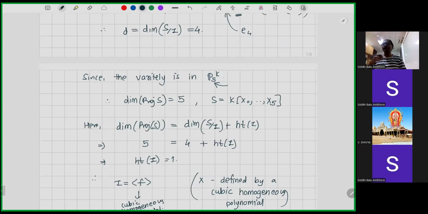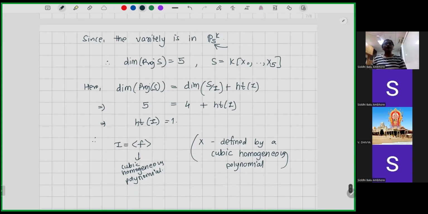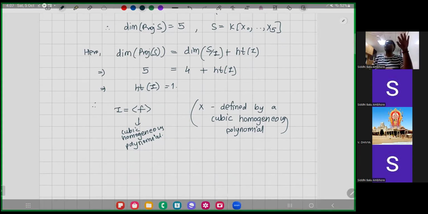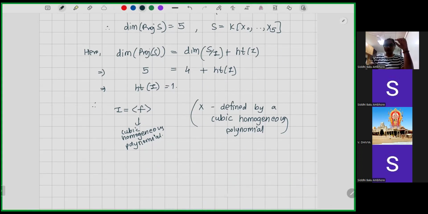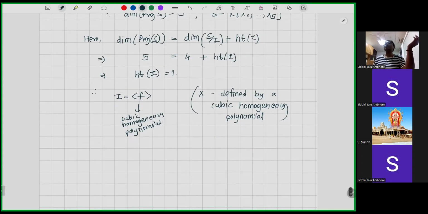And then from this formula, we got the height of I. And using that, we got that the height of I is 1, which helped us obtain the information that I is a principal ideal. And this coefficient here gave us information about the degree of that polynomial F. Is that okay?